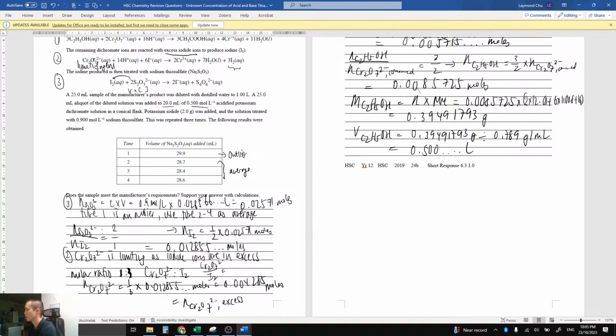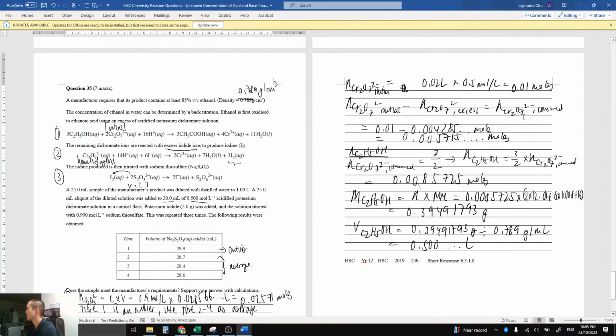One, 2, 3. So that means, this is where we went wrong. This should be a 3. It's very important we look. Oh no, it's not. This is a third of that. 0.04, that's excess moles. 0.01 moles, that's that. Consumed.